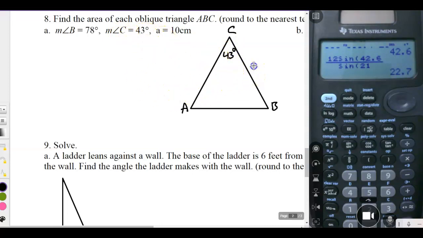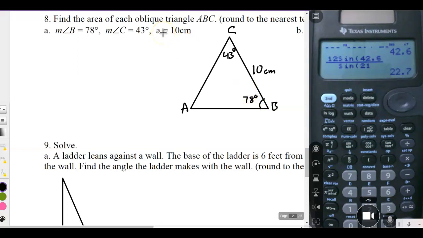Side A would be 10 centimeters, and then we have angle B 78 degrees, and we're finding the area, right?